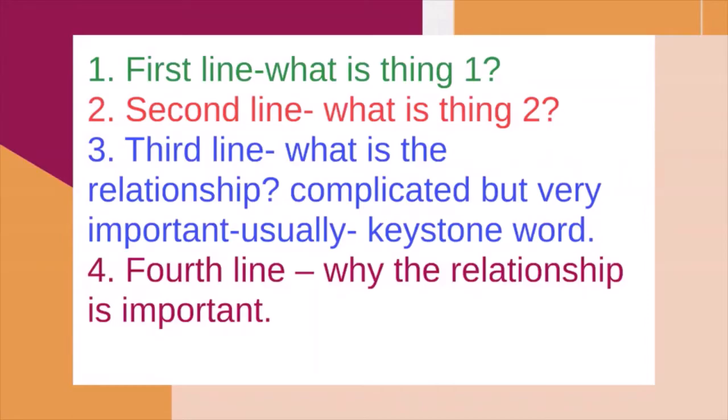And in the third line, talk about what the relationship is. Say that it is complicated but very important, and usually this is where the keystone word comes. And if you found it, you can put it here, it will definitely impress the examiner. And in the fourth line, just mention why the relationship is important, and that will form a very effective, impressive introduction.